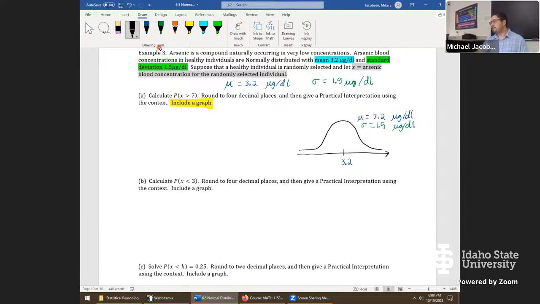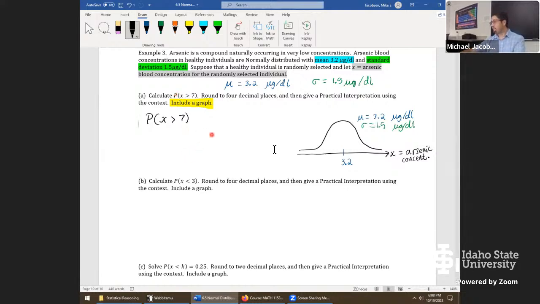And then on the horizontal axis, X. It's kind of hard to fit it all in, but I'll just call this arsenic concentration. Also abbreviate concentration to concent right there. So that's our setup so far. We'll go back to the actual function they gave us. We want to calculate probability that X is greater than 7. So that's our whole question so far.